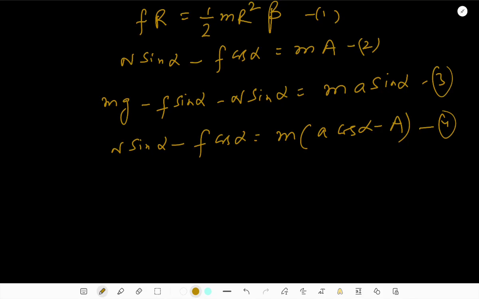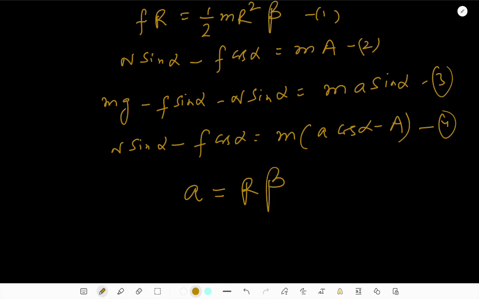As you have remembered from your regular problem practice, there should be a condition for clean rolling, non-slipping. That means the condition for pure rolling, a steady rolling, and that should be A equals R beta, because A is the acceleration of the center of mass of the rolling body, and beta is its angular acceleration.